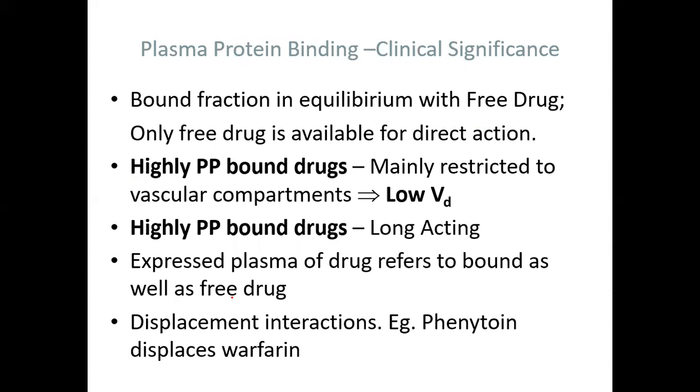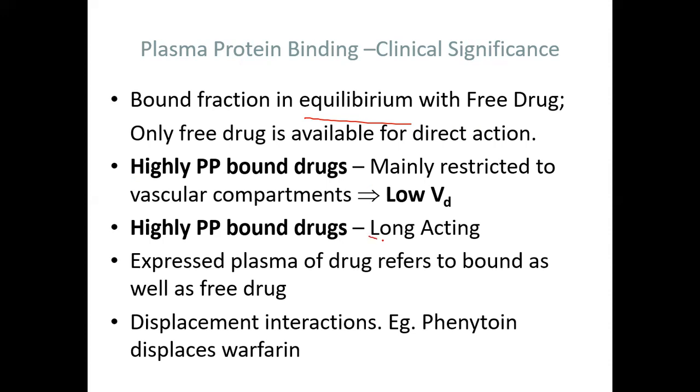So, the significance of plasma protein binding. The first thing is that the bound fraction is in equilibrium with the free fraction. That means if 99% of the drug is bound and 1% is free, then that 1% is available for action. So at all times, there would be 1% of drug that is free and 99% bound. Once the drug is bound, it will not cross the glomerular filtration barrier or the basement membrane.